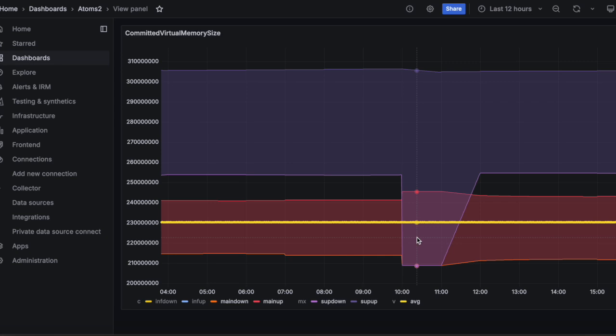As I said, in this case, there's no inferior corridor. So no behavior that was lower than the main behavior was detected. But still, we have the possibility of adding the inf down and inf up, which are the lower and upper limit of this third baseline.